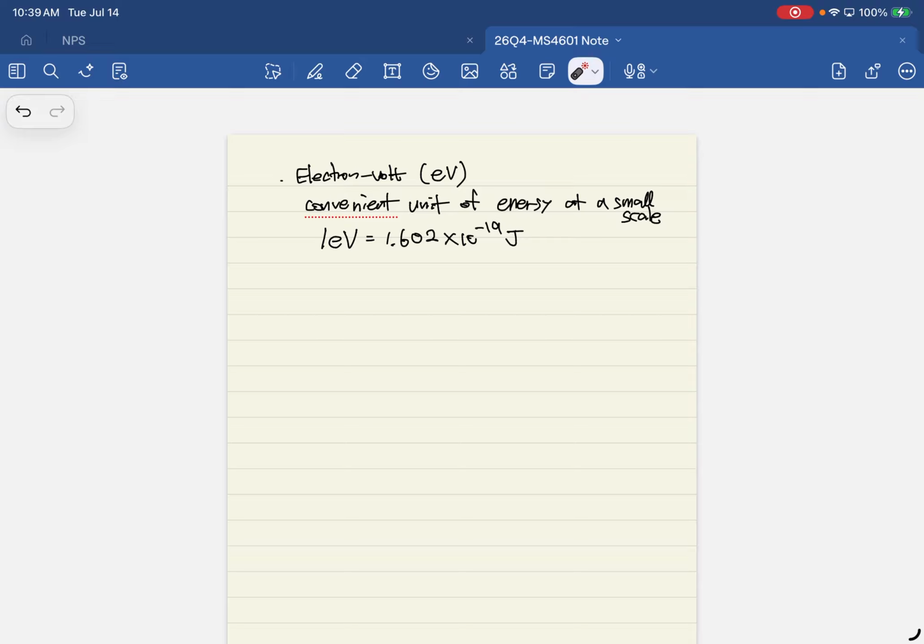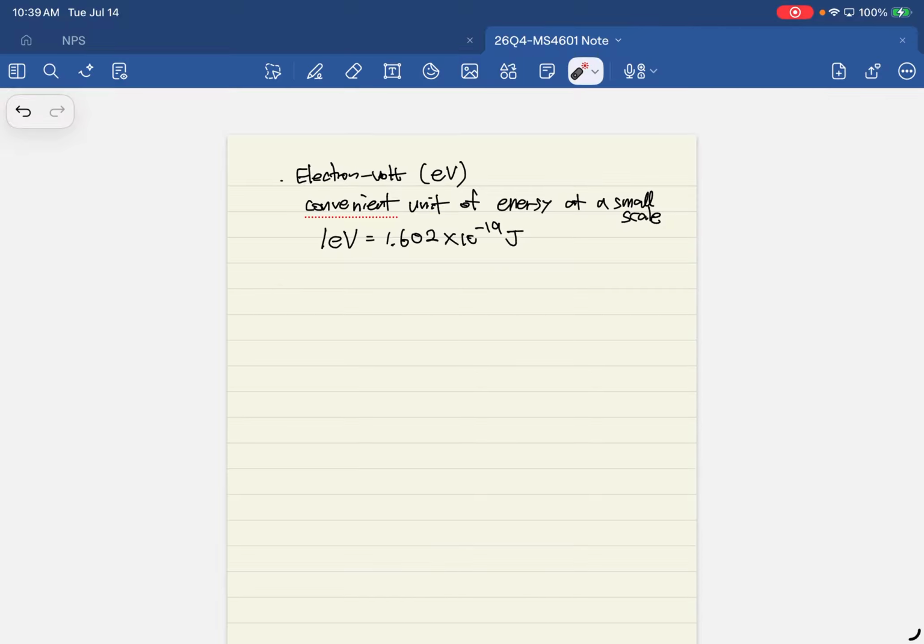But for quantum mechanics, or for small scale objects, we often deal with a very small amount of energy, and we don't want to always write 10 to the negative 19, 10 to the negative 20. So they just introduced a convenient energy unit, which is called electron volt.